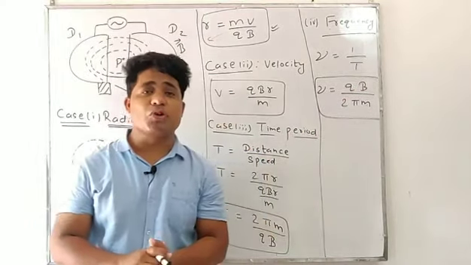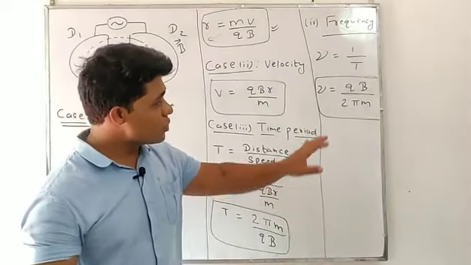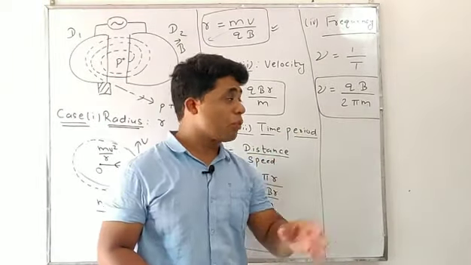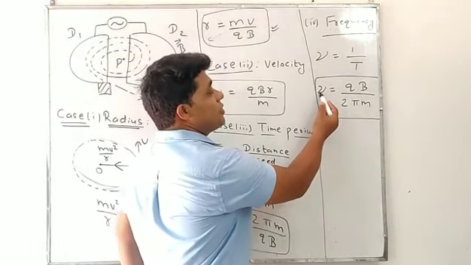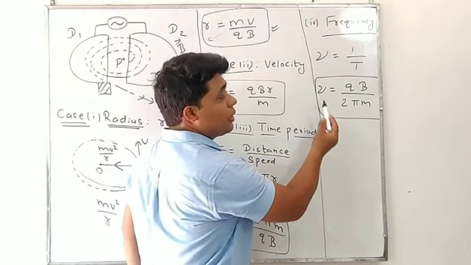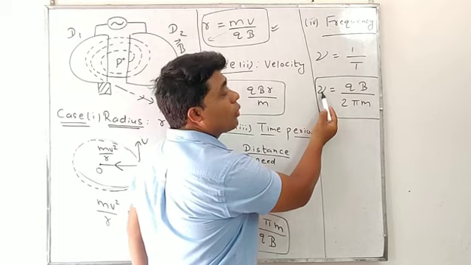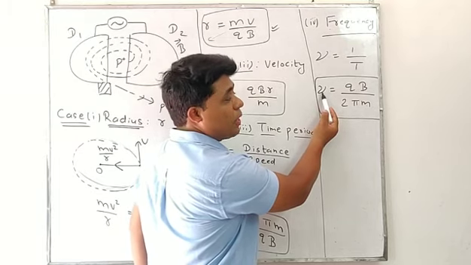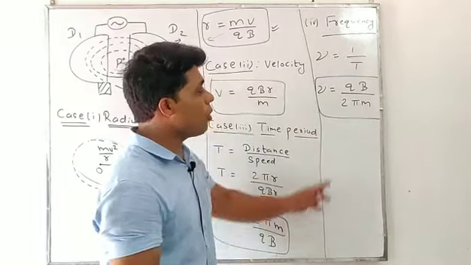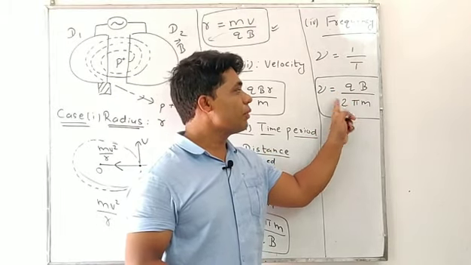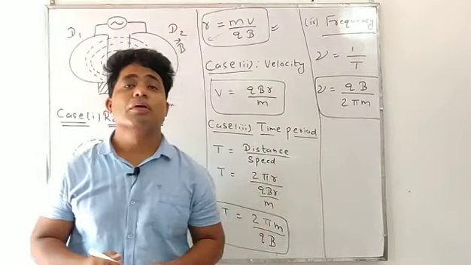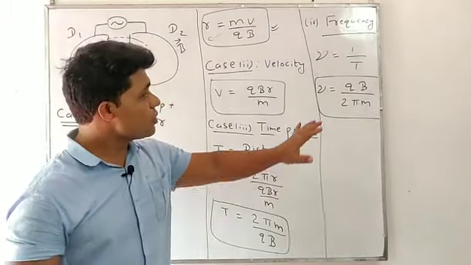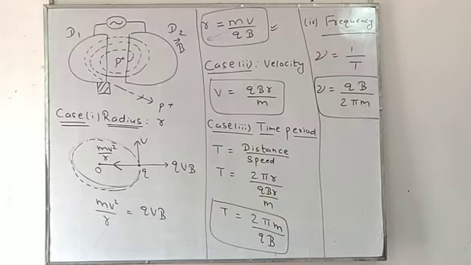This is the frequency of the cyclotron, and that is also the mathematical verification of its principle: the frequency does not depend on velocity. There is no velocity in the expression, that is why we can say frequency does not depend on velocity. This is the principle of the cyclotron.